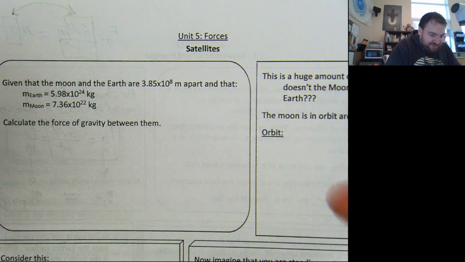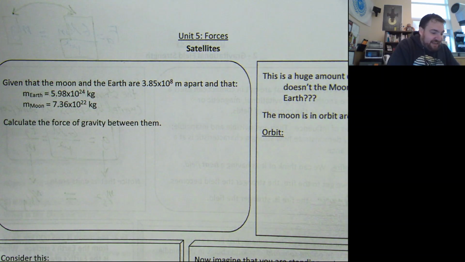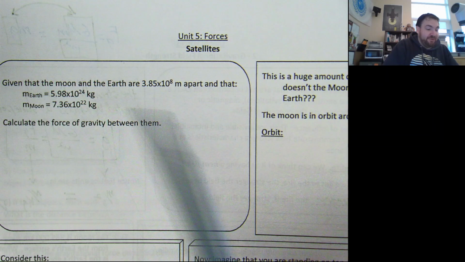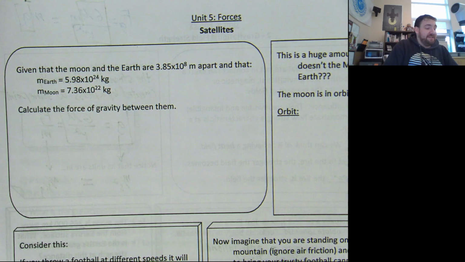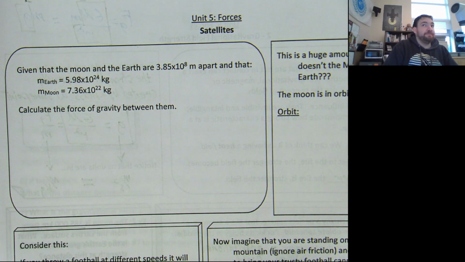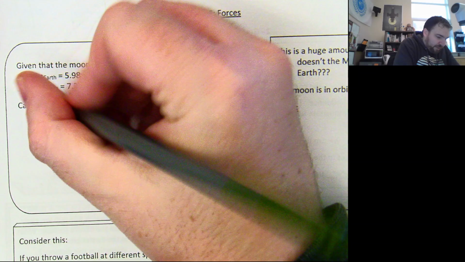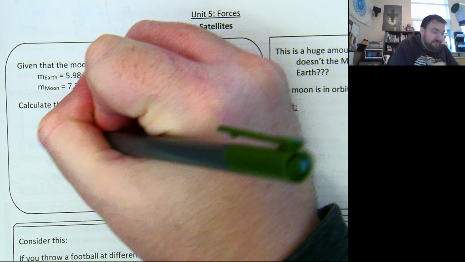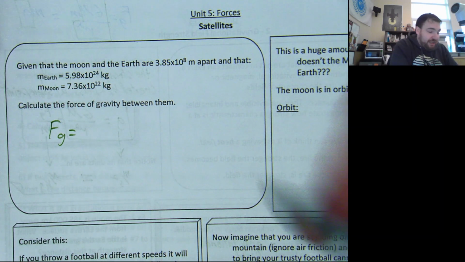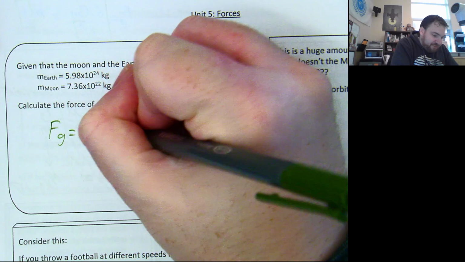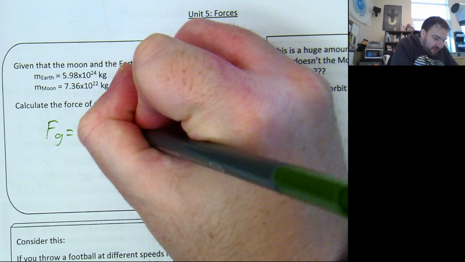Given all of this information, and given the mass of the Earth and the mass of the moon, even though that g value is really small, let's calculate the force between the Earth and the moon. We want the force of gravity. We don't need to use universal gravitation this time. We can use Fg equals mg because we know this value.